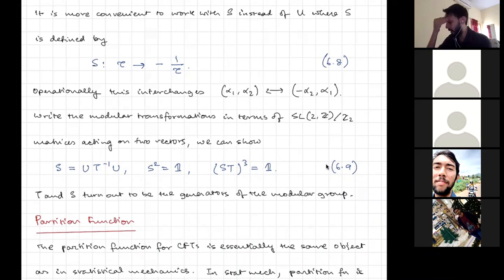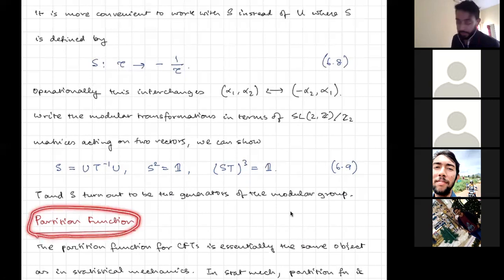And what are we interested in? The thing that we are going to be most interested in in this part of our discussion is questions regarding the partition function. Okay, before going there, are there any questions that you would like to ask?